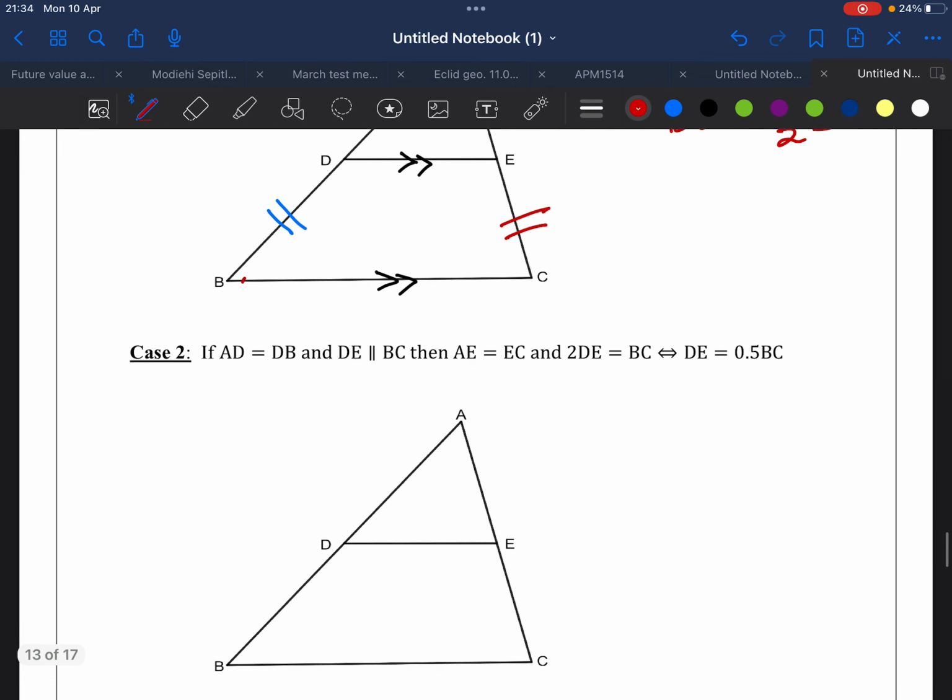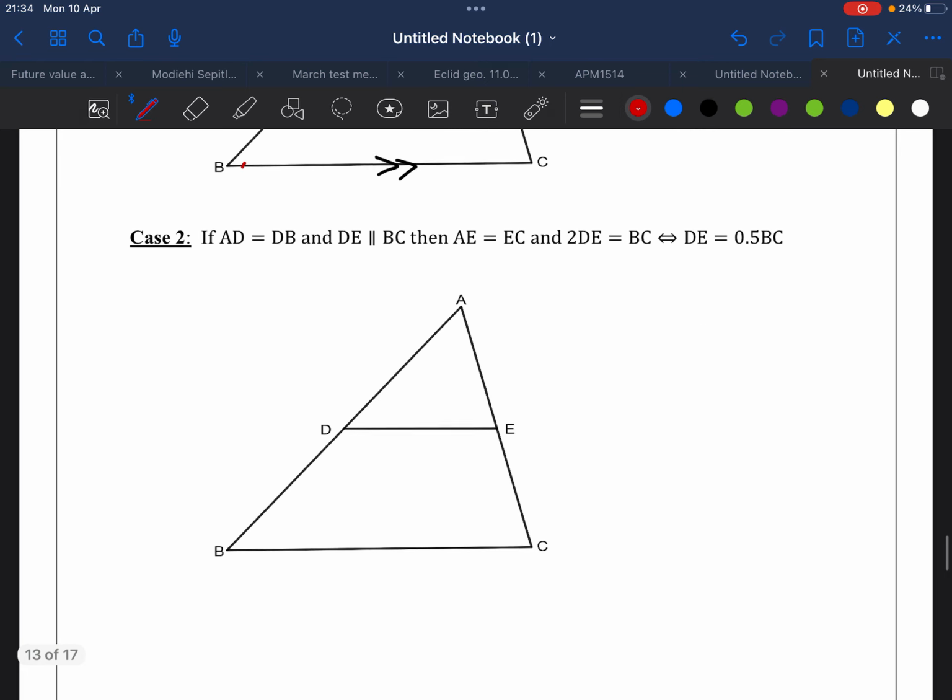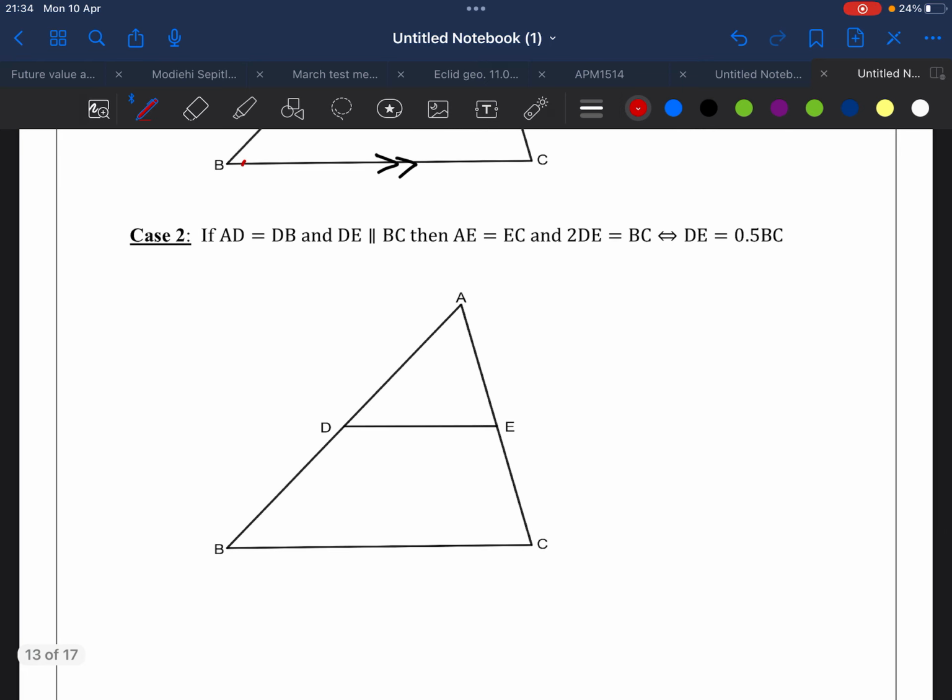For case 2, we will say if AD is equivalent to DB and DE is parallel to BC, then this implies that AE is equal to EC there.